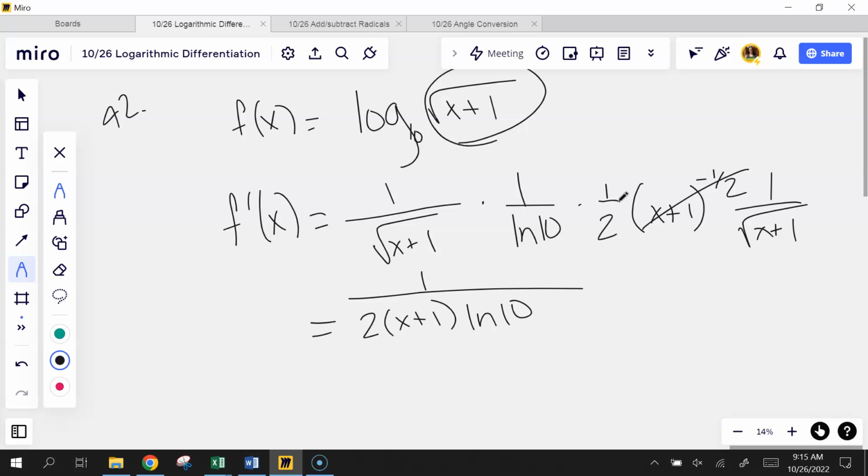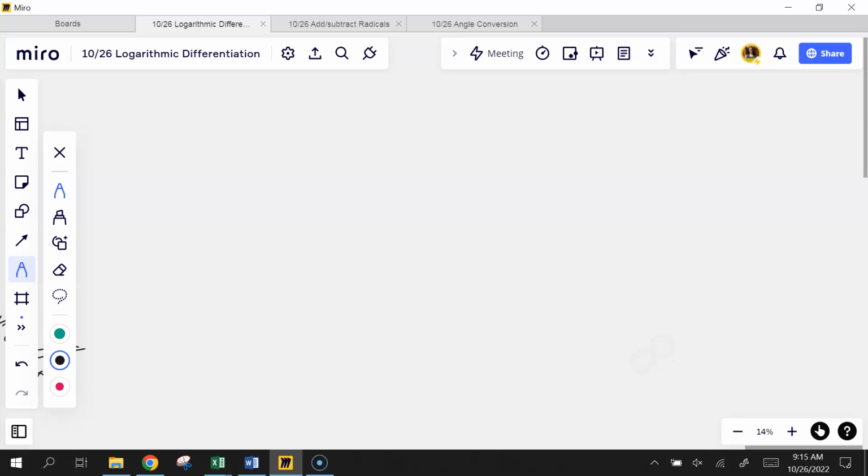Feel good? Anything else? Okay. Y'all ready to do logarithmic differentiation? What time do we get out of here today? 55. Y'all aren't going to like this, I'm sorry. I planned on reviewing tomorrow and testing Friday, but y'all aren't going to be here tomorrow. Dang it. Y'all don't be late for that now.